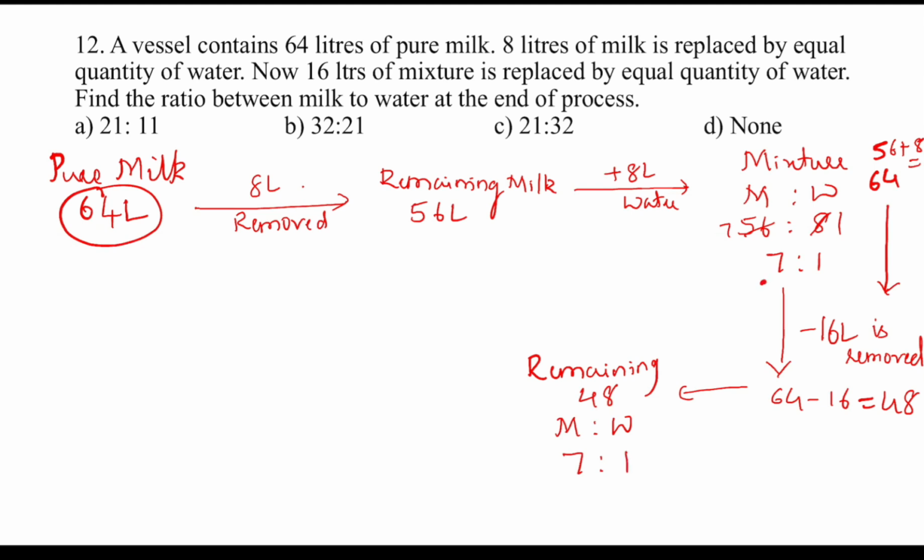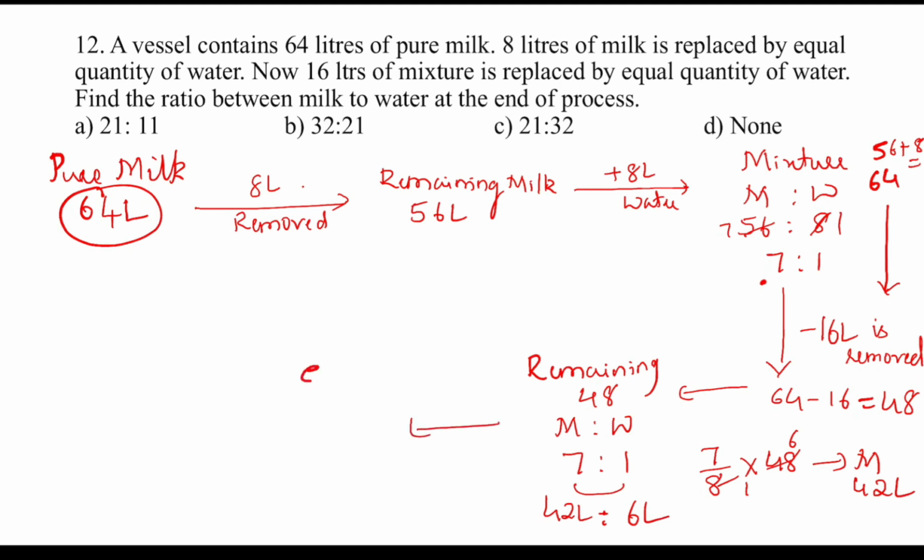Total is 8 parts and milk is 7 parts out of 8, so 7/8 of 48 will be milk. 7 sixes are 42, so 42 liters will be milk, and then 6 liters will be water. So we find the ratio between milk and water at the end of the process.